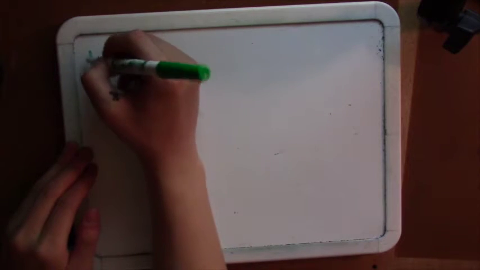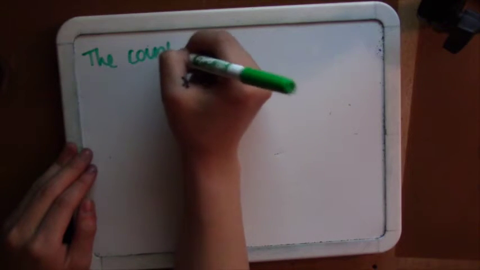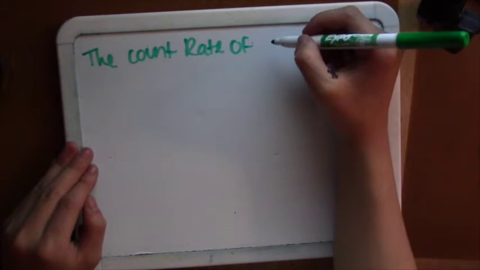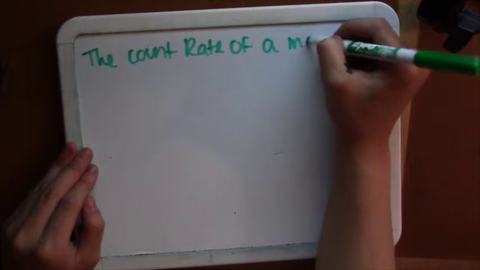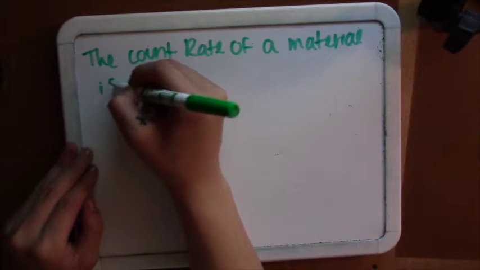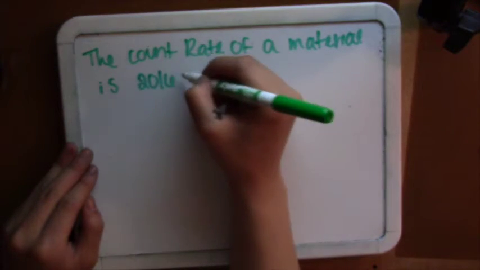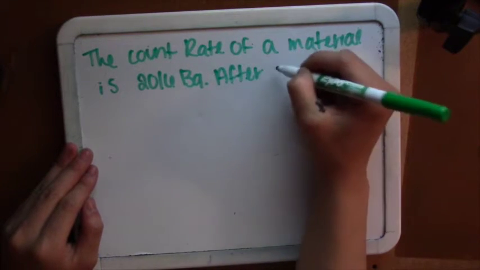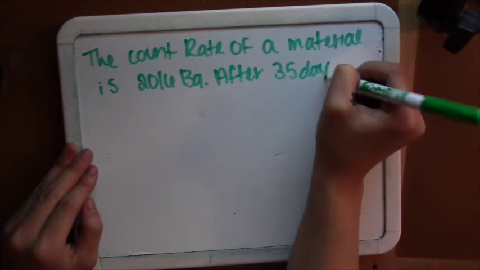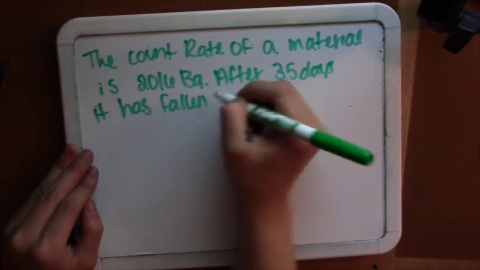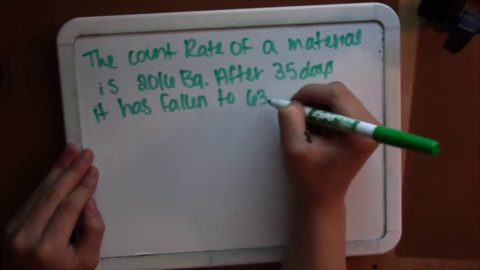So an example of this type of question would be: the count rate of a material is 2016, after 35 days it has fallen to 63.